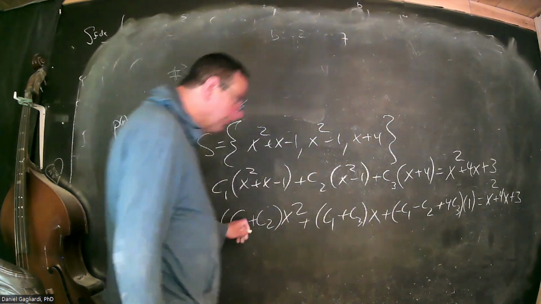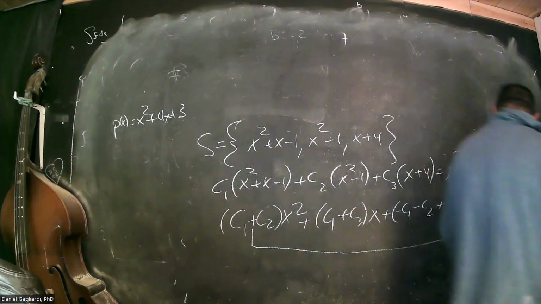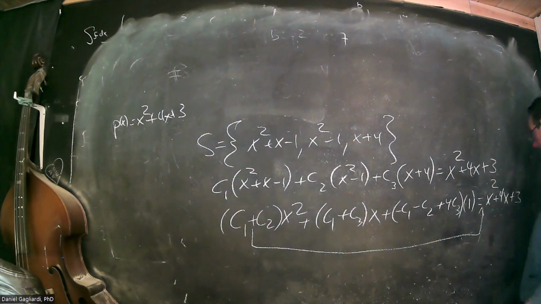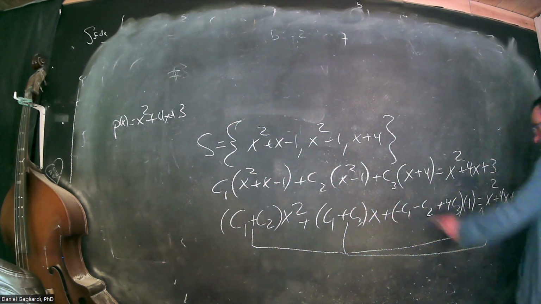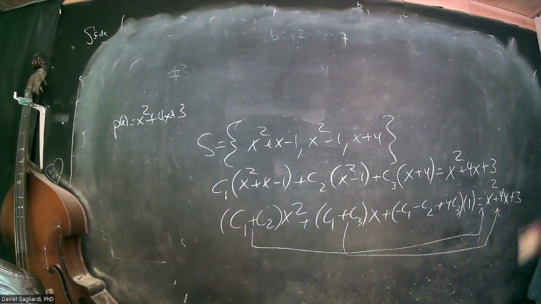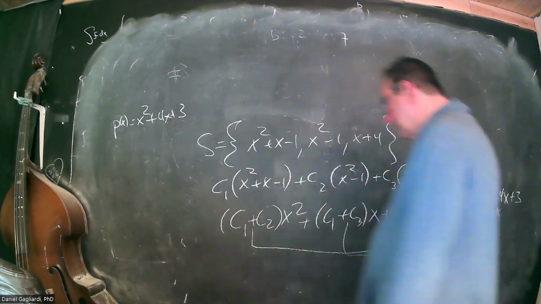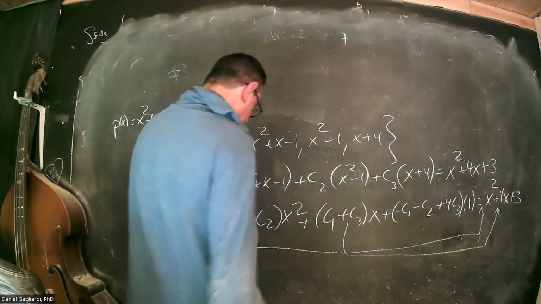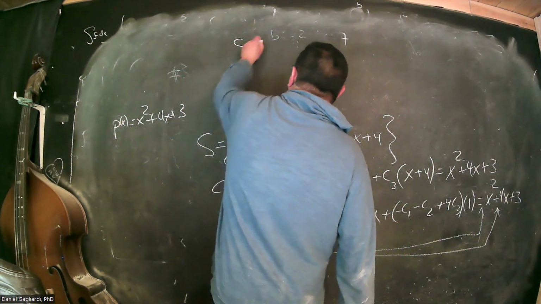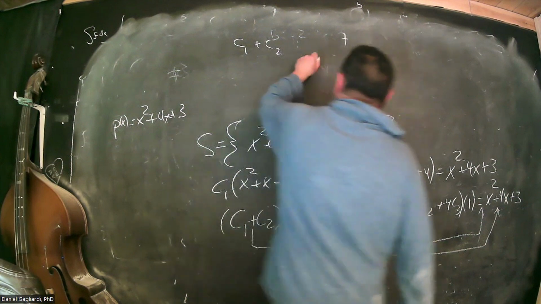Well, what do we have? If we equate coefficients, we have C1 plus C2 is equal to 1. We have C1 plus C3 is equal to 4. And then we have this combination here is equal to 3. All right, so what does that mean? Well, that means a linear system, right? C1 plus C2 is equal to 1.